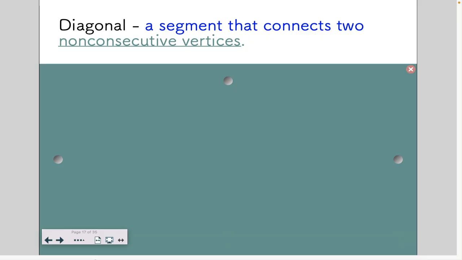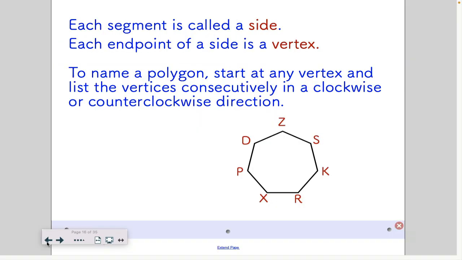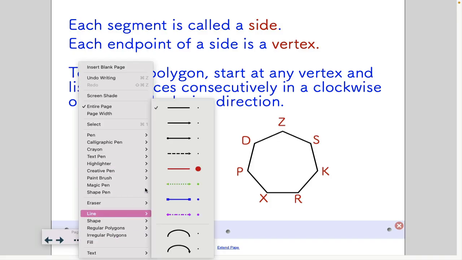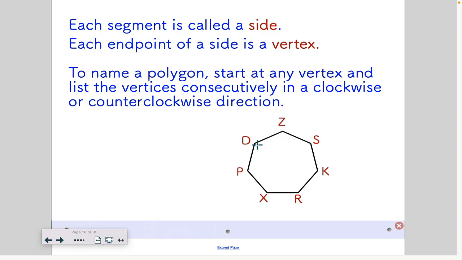So if I went back to our friend here, I can make a diagonal if I start at any vertex and go to any non-adjacent one. See, the adjacent ones don't count because it just makes a side. But I could draw a diagonal to each of these. I could draw a diagonal here. The reason that we don't talk about ones next to each other is that it just makes a side.